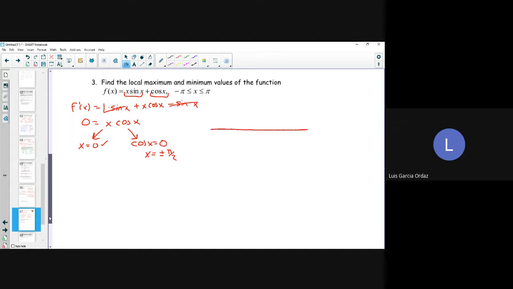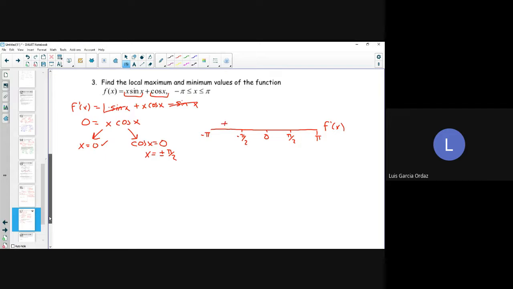So now let's take a look at my derivative function and how it behaves at those points. Because I'm looking for maxes and mins, I need to figure out my rates of change between all of those points. So from negative pi to negative pi over 2, if I were to sub in a number between that, I would get a positive value.